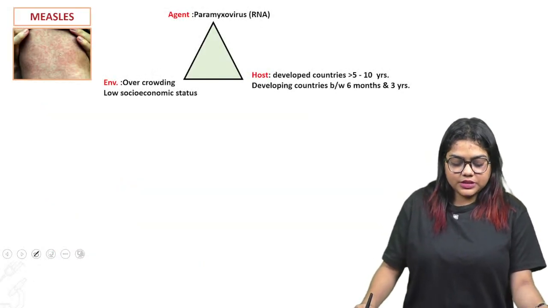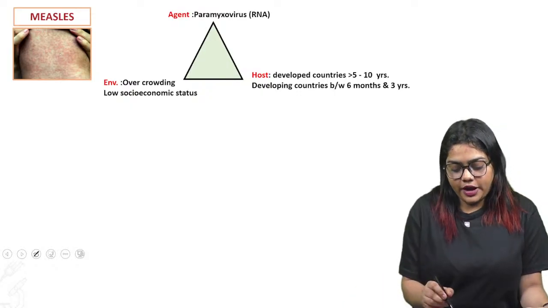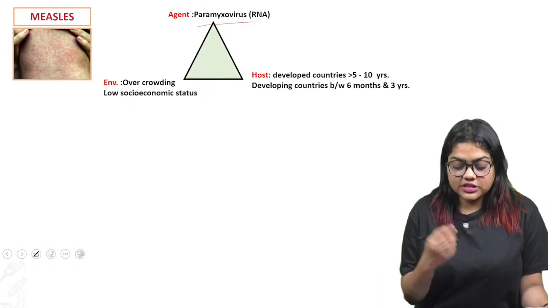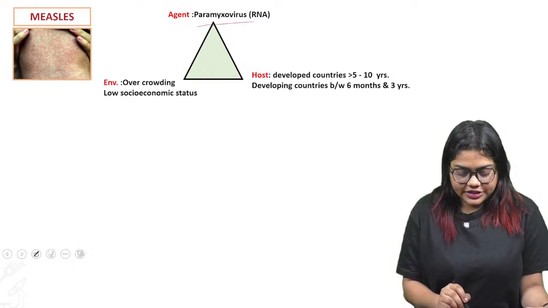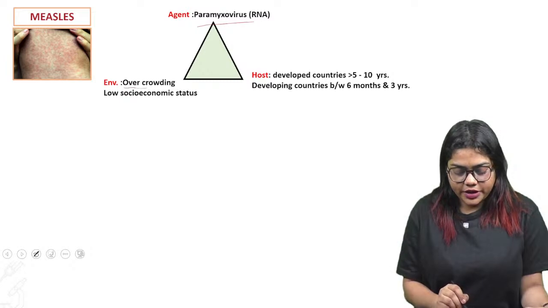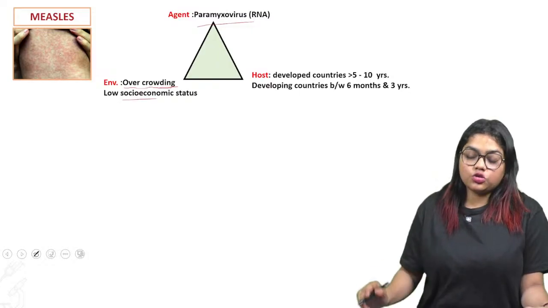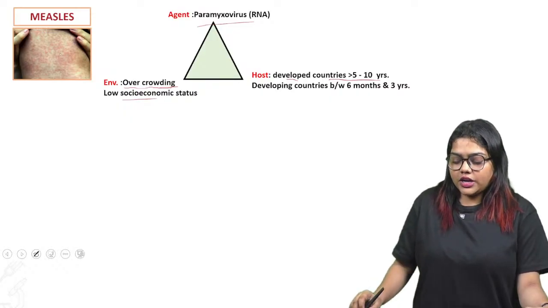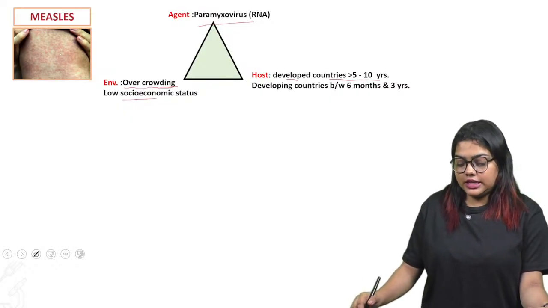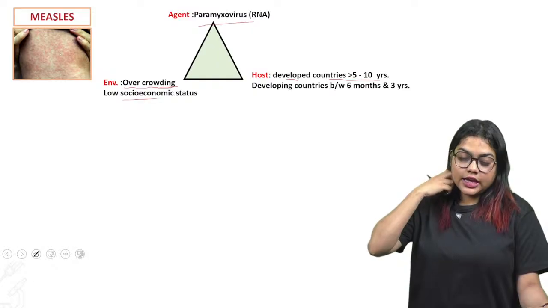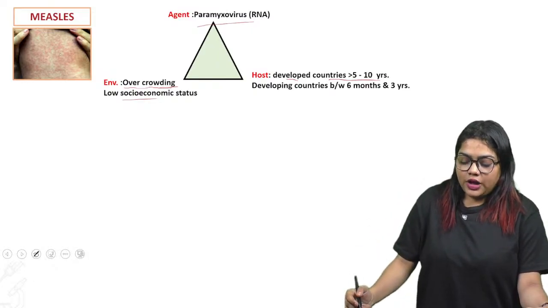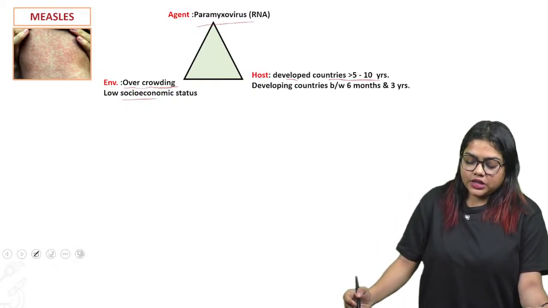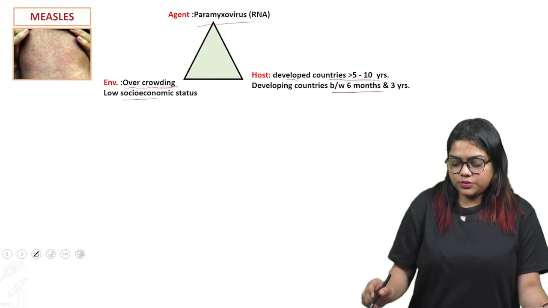Here you can see measles, where the agent is a paramyxovirus, an RNA virus, and the environment is overcrowding and low socioeconomic status. In developed countries, you can see infection if the age is more than 5 to 10 years, and in developing countries, between 6 months and 3 years.